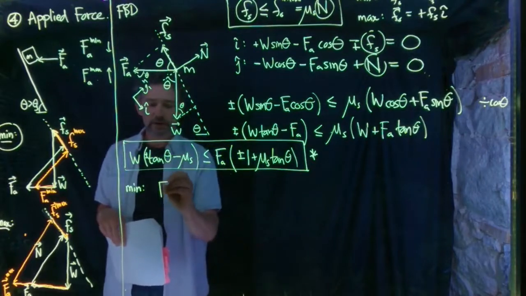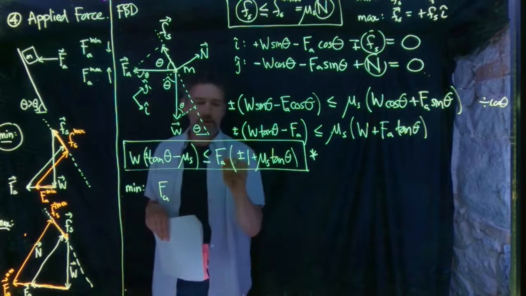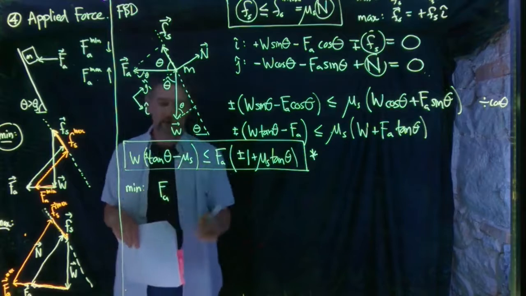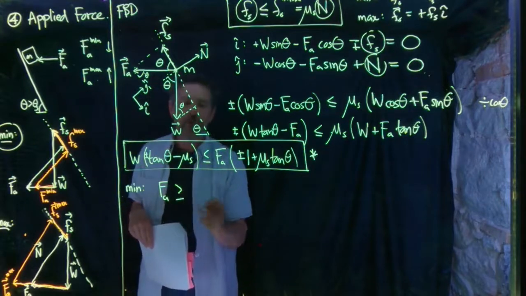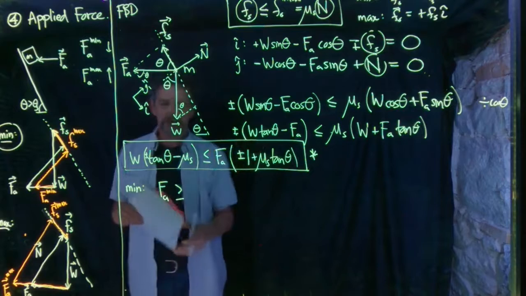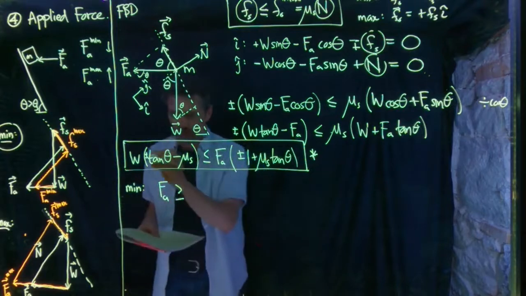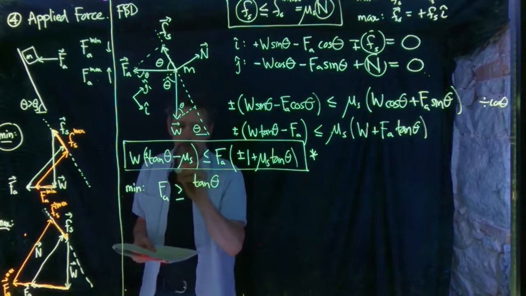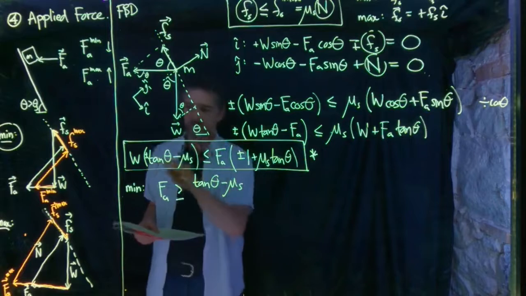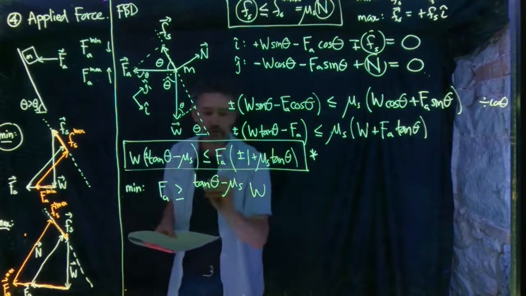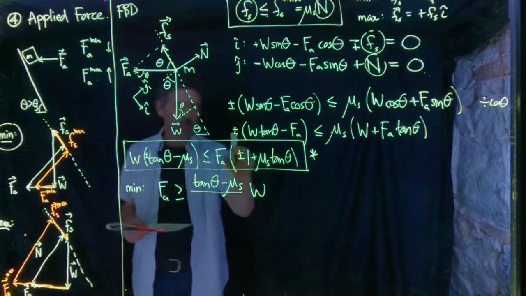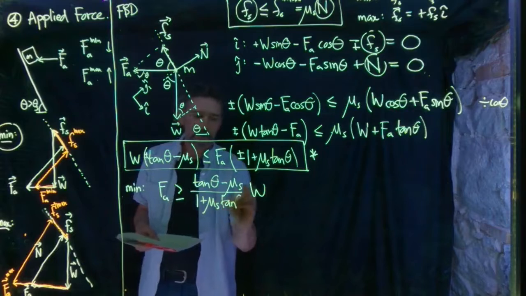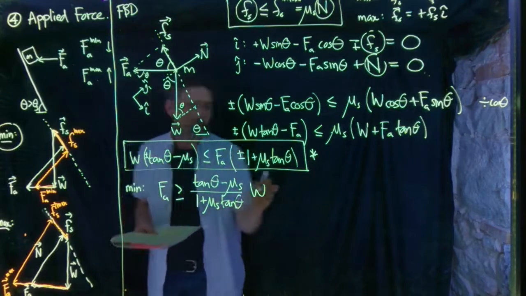This is saying that FA is greater than or equal to this chunk divided by that chunk, with the upper sign. And so that becomes tan theta minus mu s in the numerator, times the weight W, divided by, choosing the upper sign here, 1 plus mu s times tan theta.